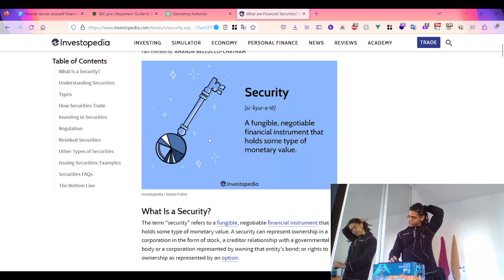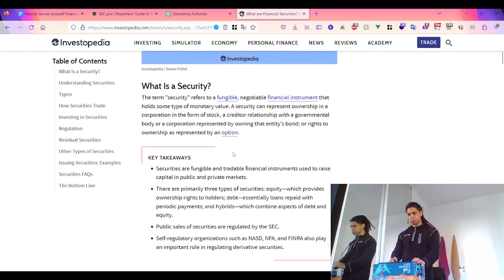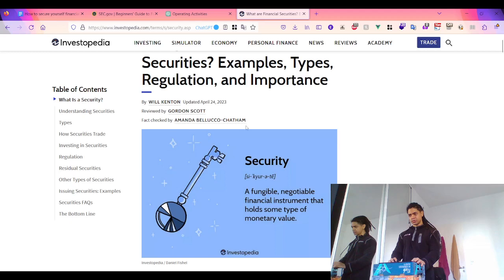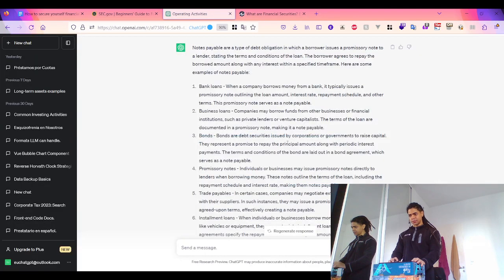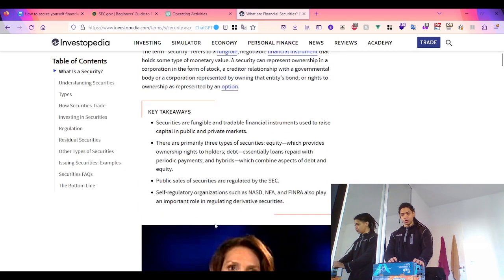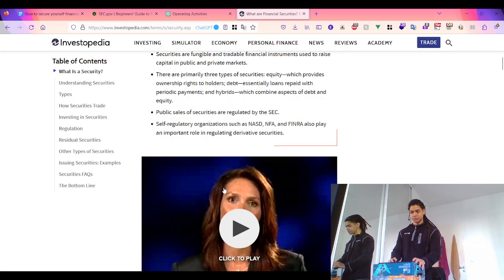This is called a security, such as bonds or stocks, for example.